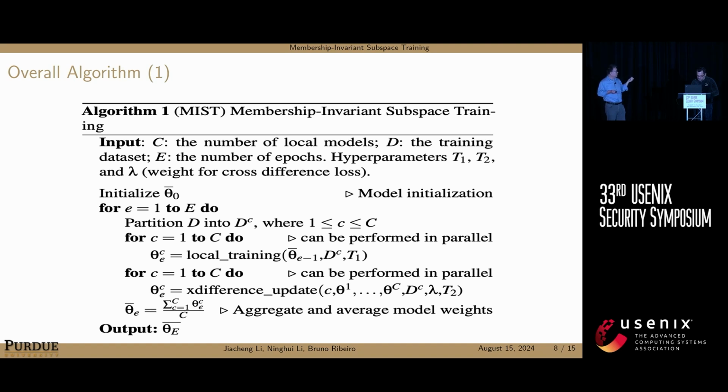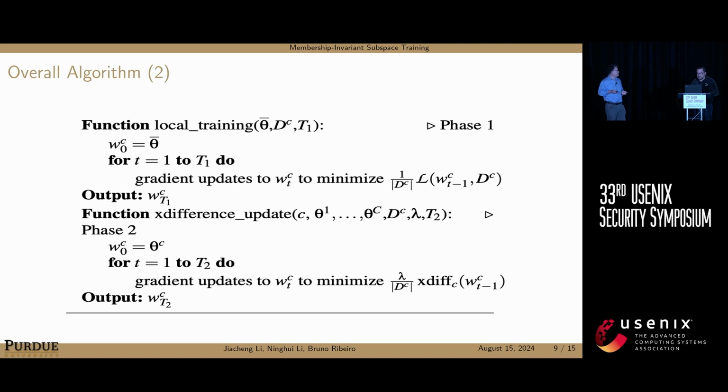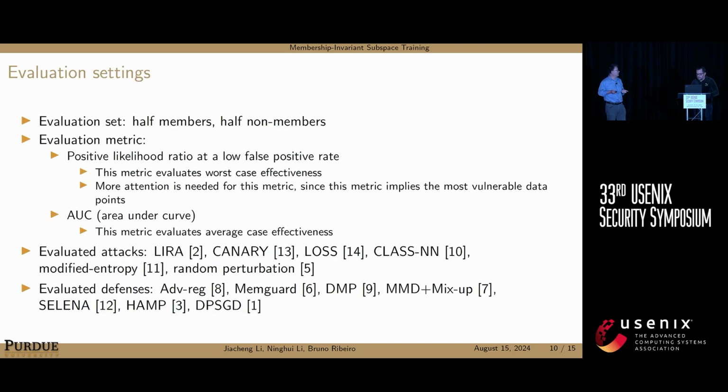And then we do an update to reduce this cross difference loss that was shown on the previous slide. Then we aggregate the model and repeat. Basically, the update part is just a gradient update to reduce this cross difference loss.